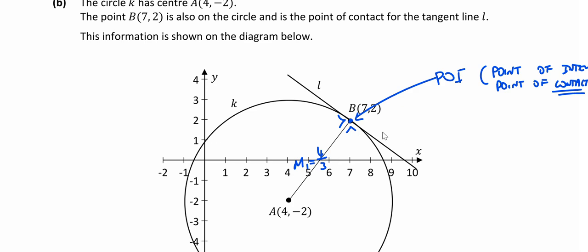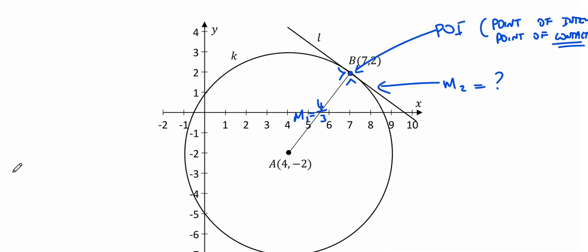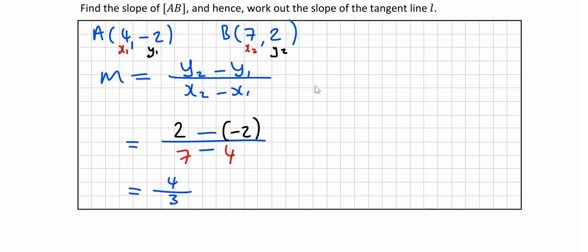And M2 here, which is the slope of the tangent line, is the one that we don't know. But we know an absolutely massive fact. We know that two slopes that are perpendicular to each other, when you multiply them together, you get an answer of minus 1.